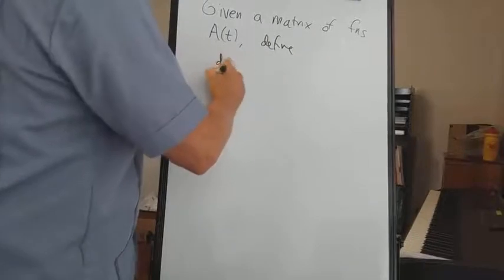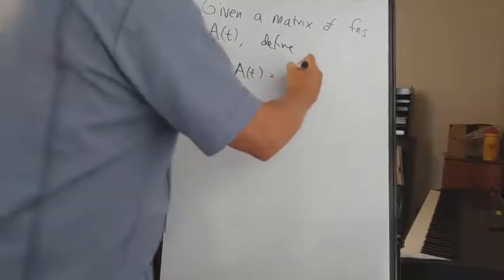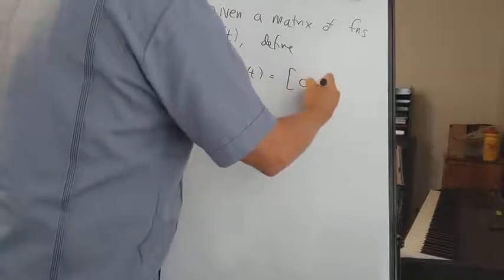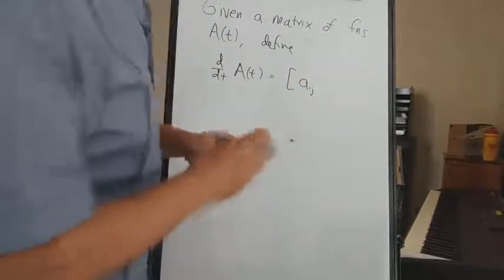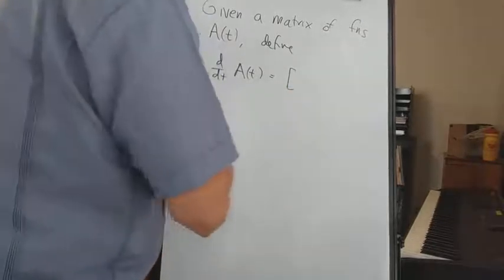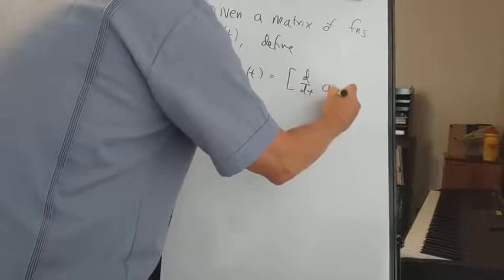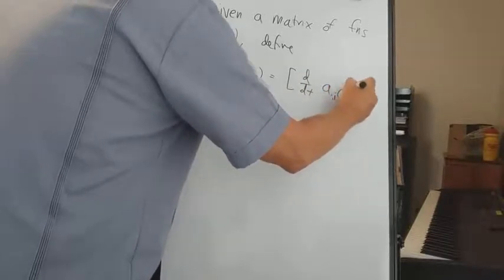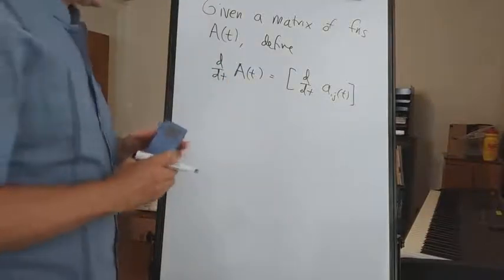So we define the derivative of this matrix to be the matrix whose ij entry is the derivative with respect to t of the ij entry of the matrix A. So we just take derivatives of the components one at a time.